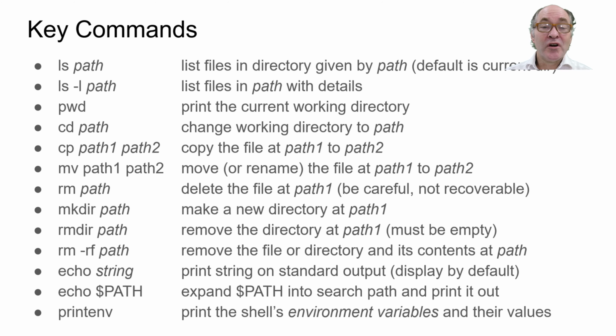The commands for creating and removing directory files are called, we pronounce them, mkdir and rmdir. Okay, so make a directory, remove a directory. mkdir takes a path, a name, and creates a directory with that name at that path.